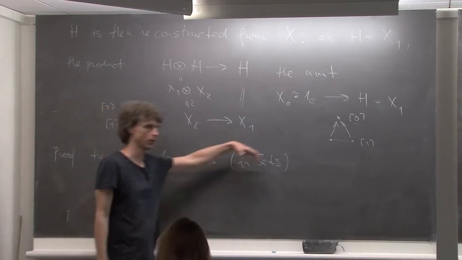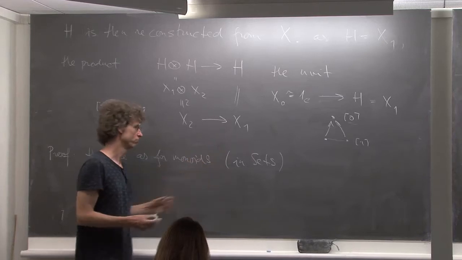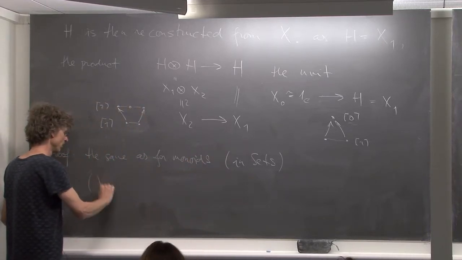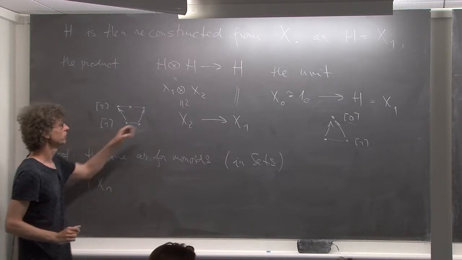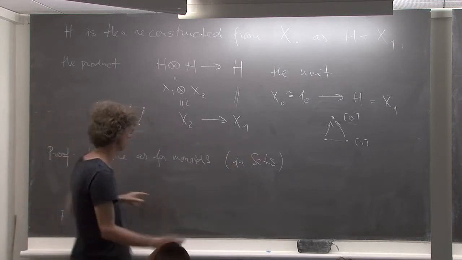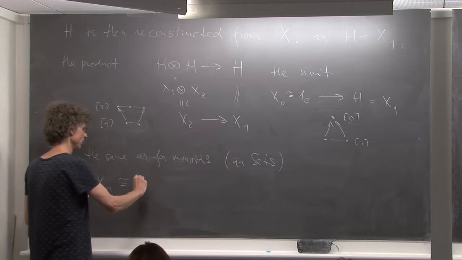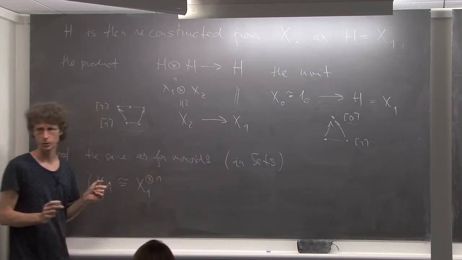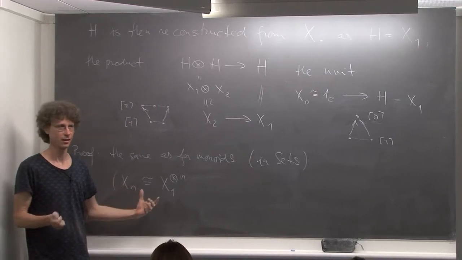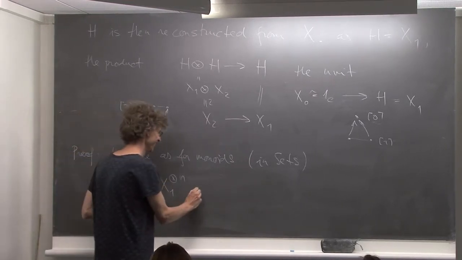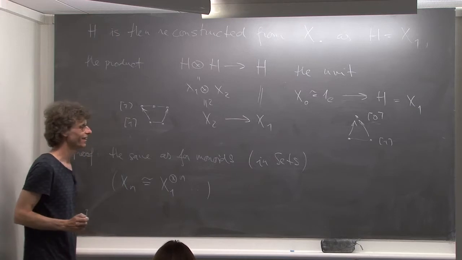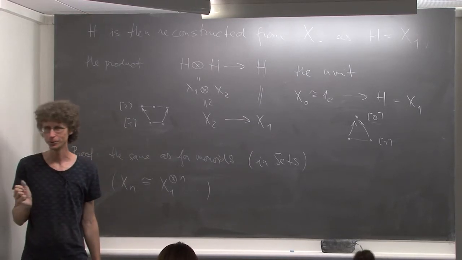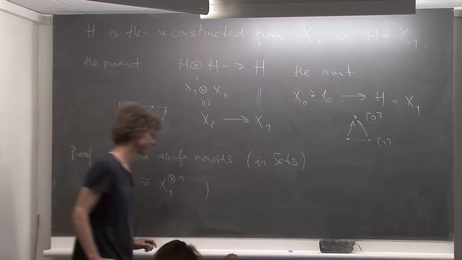So where one would go, first by iterating those isomorphisms, we can now say that this thing is equal to X_1 tensor power n, and then, well, etc. Let's just stop here. Okay, so after this abstract thing, let's do another abstract thing.